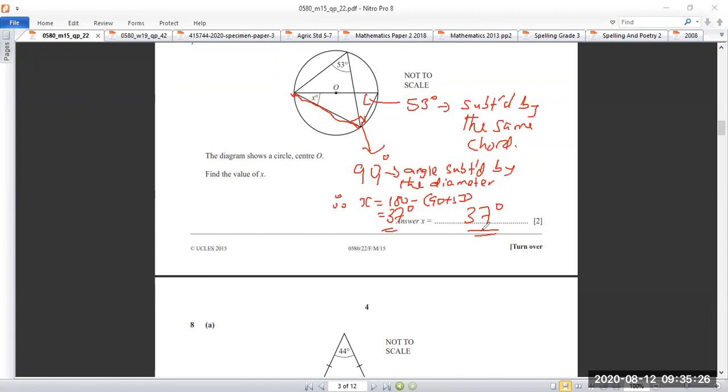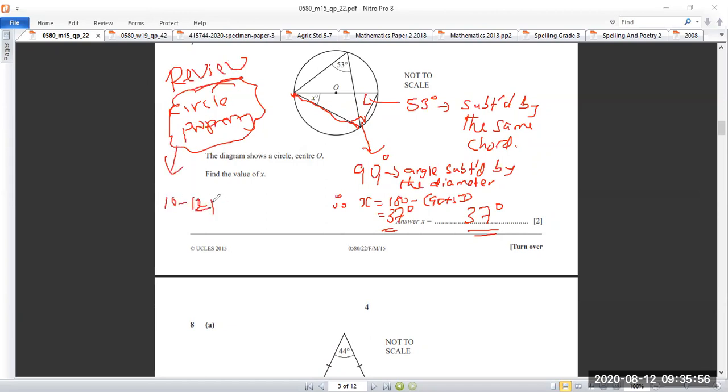These are circle properties. It is not trigonometry. If it were trigonometry, then what you're saying would be applicable. Right now, no, we just use angles and circle properties. So review the circle properties.